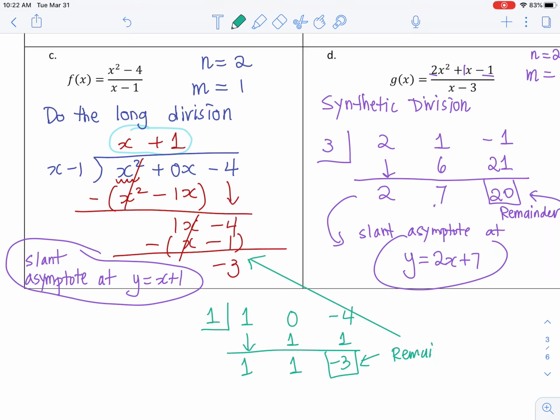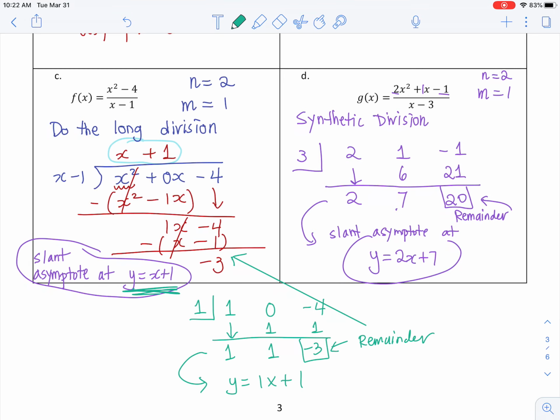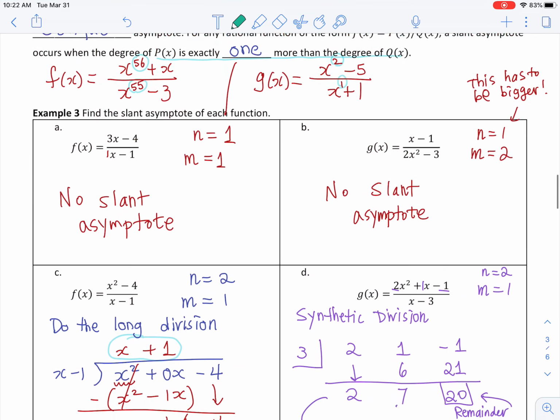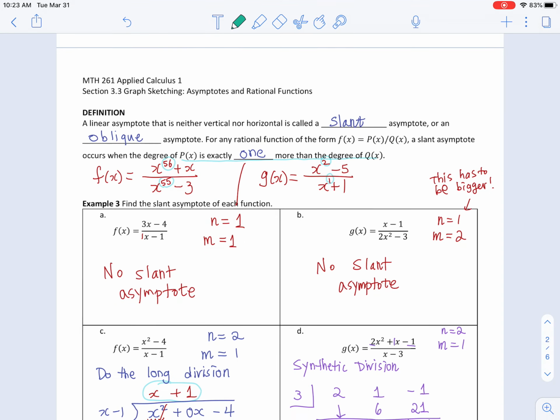And the quotient is going to be y equals 1x plus 1, and that matches what we got over here too, right? So up to you if you want to use long division or synthetic division, but you only do that if the numerator degree is exactly 1 greater than the degree of the denominator, okay?